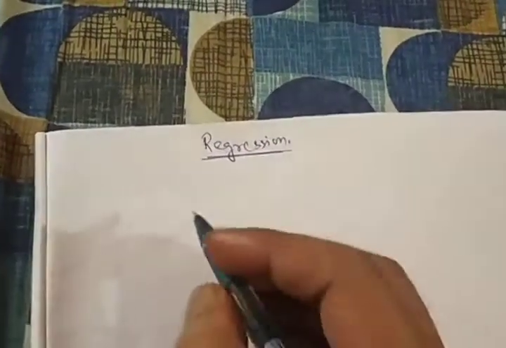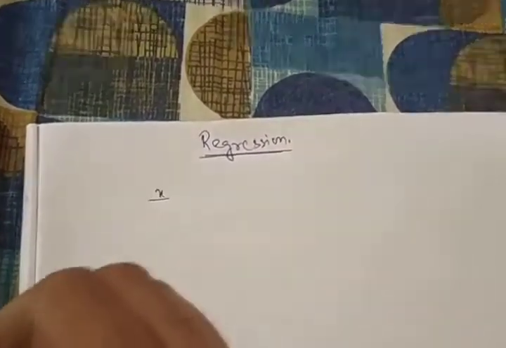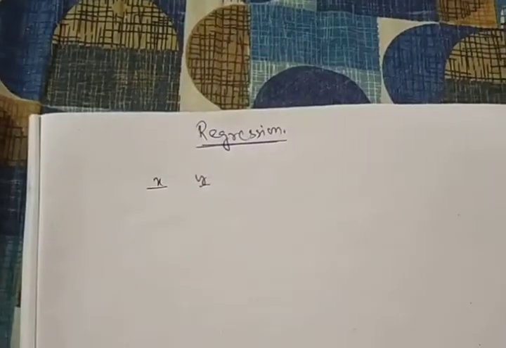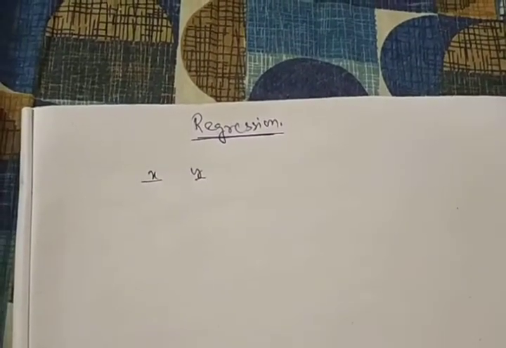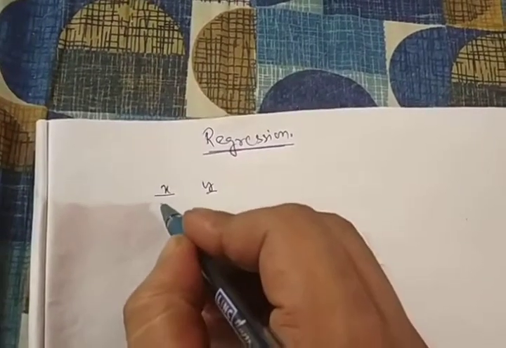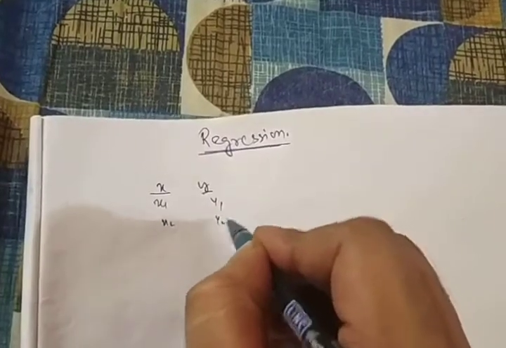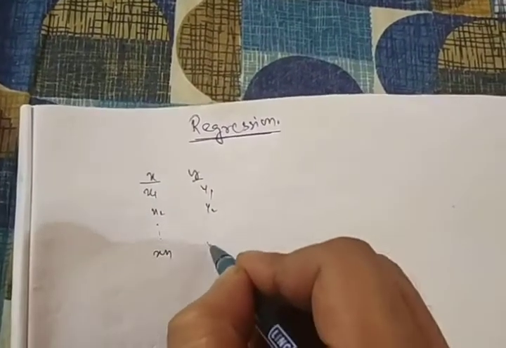Now suppose one variable, let's say x, is known but the corresponding variable y is unknown. We have the data x1, y1, x2, y2, up to xn, yn.